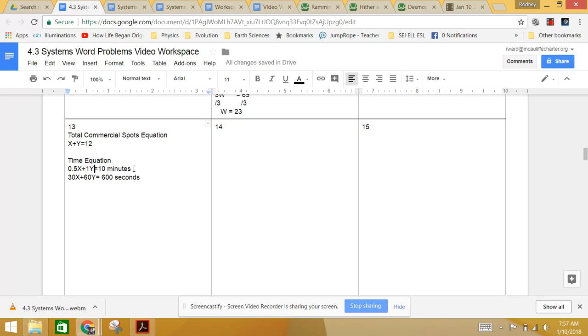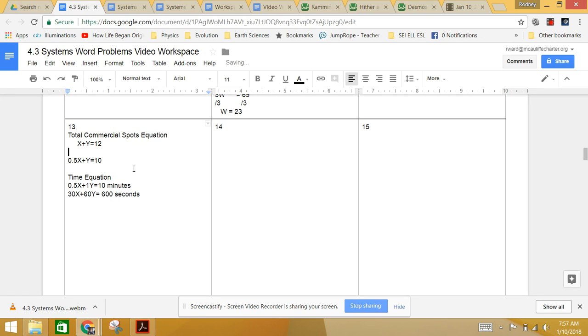I'm going to choose to work with the minutes one because all my coefficients are a lot smaller, and I can just use my elimination tools on this. I'm going to move this about so my variables are stacked on top of each other.